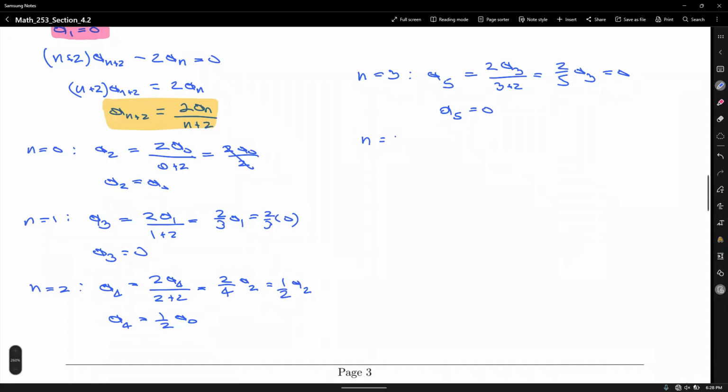N equals 4. That is a sub 4 plus 2. Isn't that a sub 6? Equals 2 times a sub 4 divided by 4 plus 2, which is 2 over 6 a sub 4, which reduces to 1/3 a sub 4.